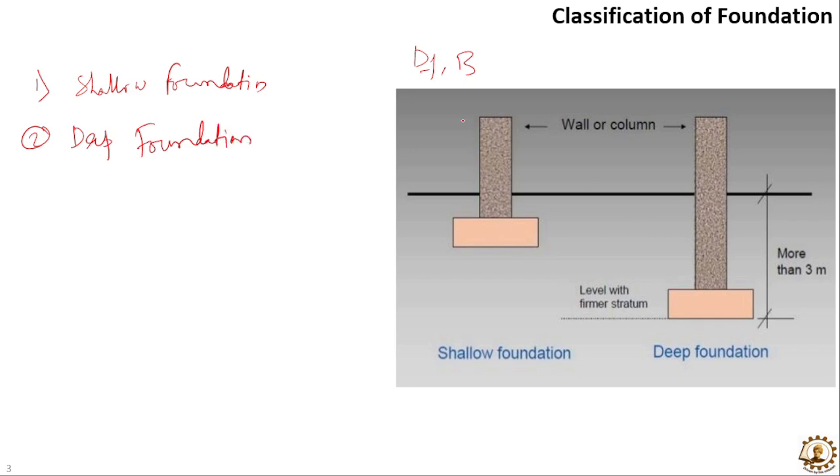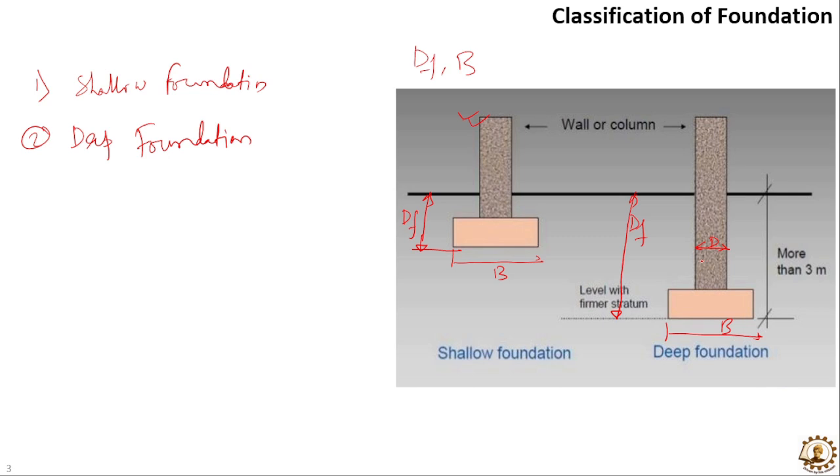If we consider the shallow foundation, this is the shallow foundation. Here, this depth to the bottom of the foundation base we can consider as the depth of the foundation, and this is the width of the foundation. Similarly, in case of a deep foundation, here it is the depth of the foundation and this is the width of the foundation, or sometimes we can also take it as a diameter.